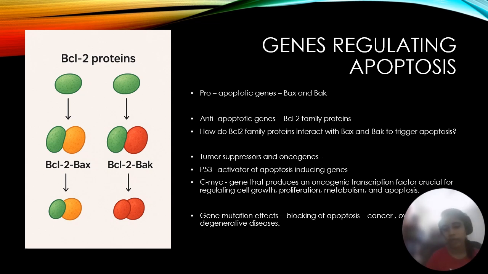Any mutation in your tumor suppressor genes will impair apoptosis, and your damaged cells will survive and develop into cancerous cells. Also, overexpression of anti-apoptotic genes results in resistance to cell death. That is one of the main reasons how cancers survive.